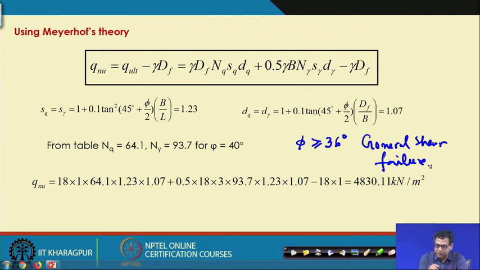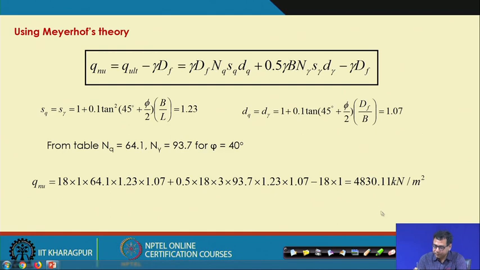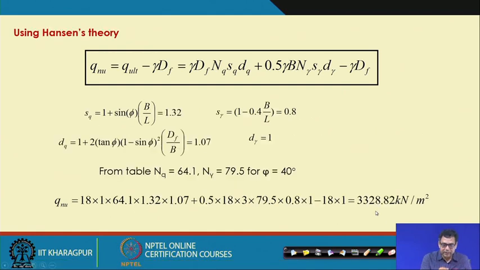So for general shear failure, this is the value for Meyerhof's theory. Then similarly, if I use Hansen's theory, we use Nq and N gamma from the chart.